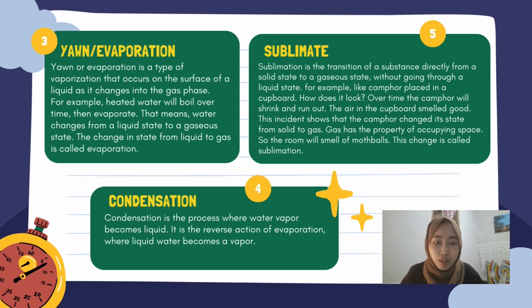The air in the cupboard smells good. This incident shows that the camphor changed its state from solid to gas. Gas has the property of occupying space, so the room will smell of mothballs. This change is called sublimation.